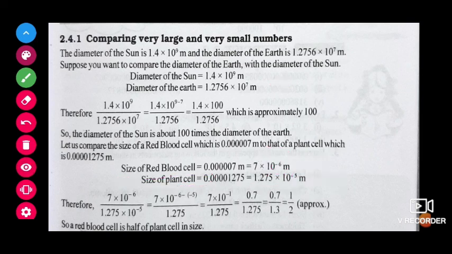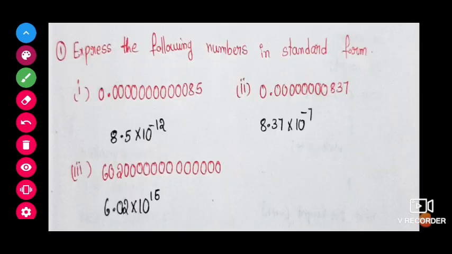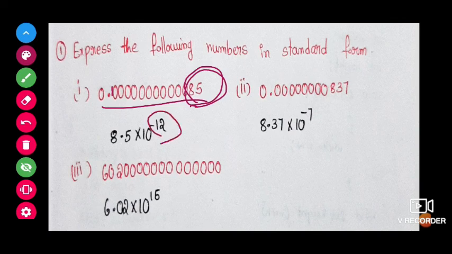Okay. Now children, exercise 2.2 we will see. Express the following in standard form. Same way, children. Here we are going to show a very small number. So what we have to do, as I told you, we have to move the point towards 8.5, that is 85, and however many places we move, that much we take as the negative power.